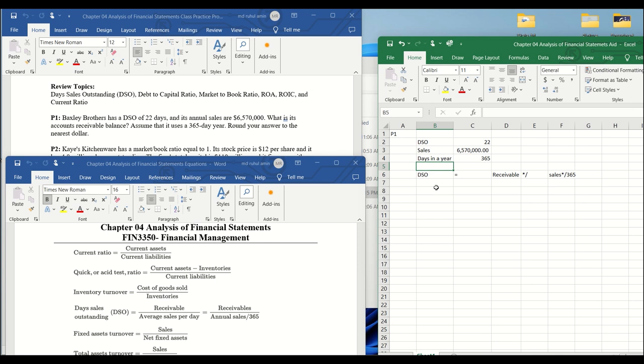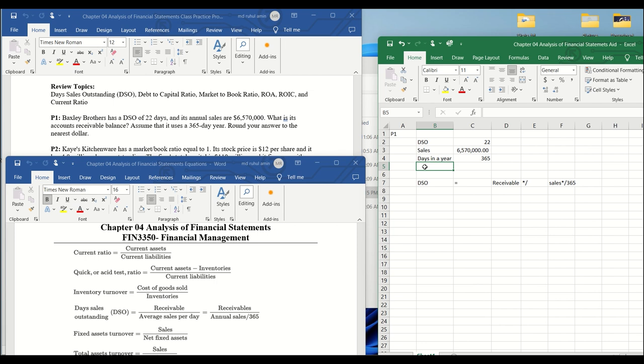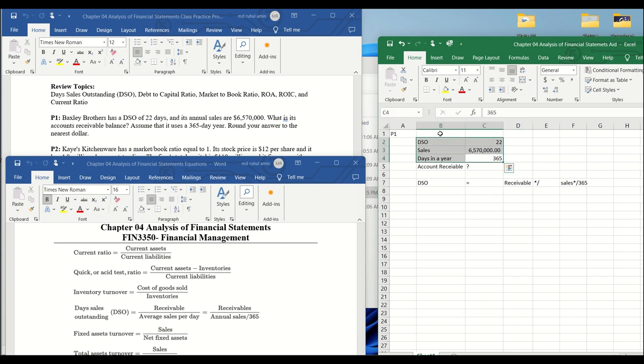The question is asking for the accounts receivable. These values I got from the problem. Let's make them yellow, and this is our formula.